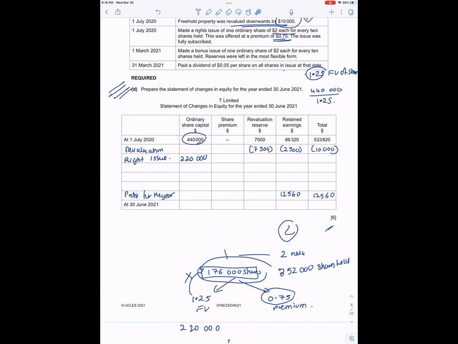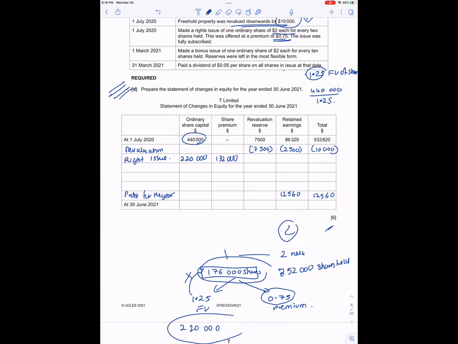I'm getting 132,000. I think you should take the rights issue price as 2 plus 0.75, maybe. Then the ordinary share amount will go wrong.